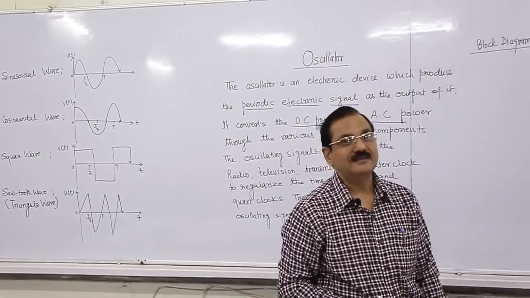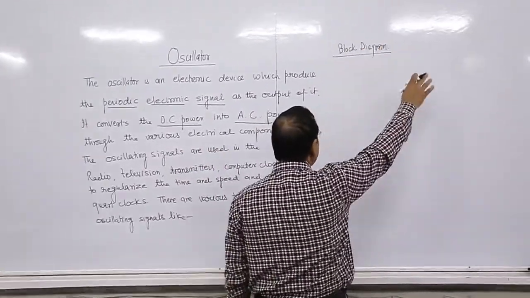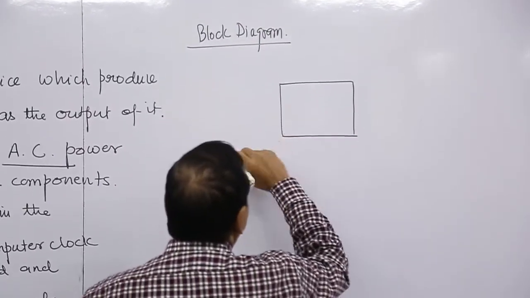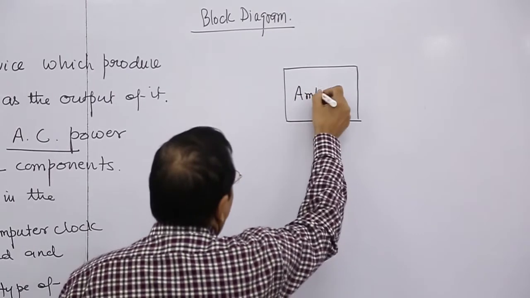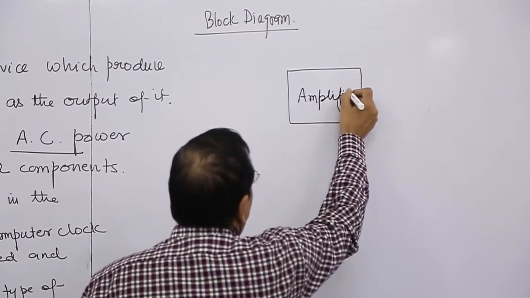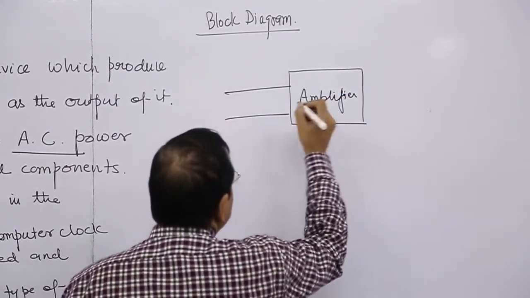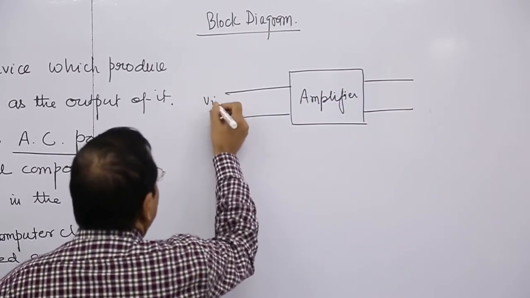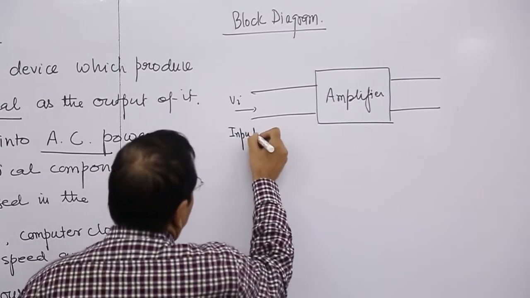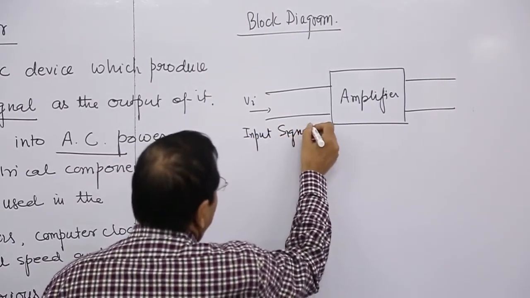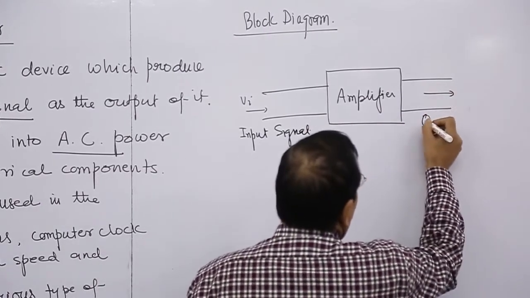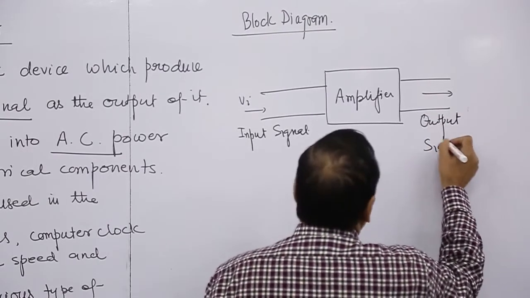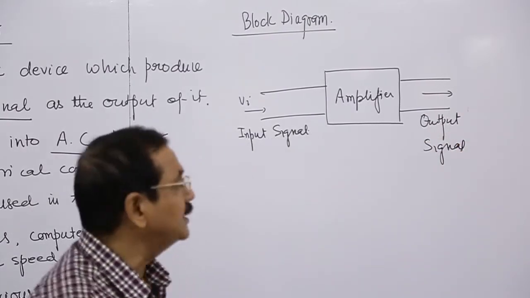Now if you see the block diagram of the oscillator, in a very simple way we can call this an amplifier, and in this amplifier this is Vi, that is the input signal, and here it is the output signal.